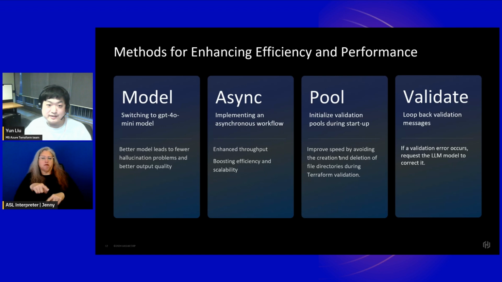Okay, so the third one is we actually got this idea from the React framework. When you use validation loopback, when you react to the error message, because we use Terraform validation, we have to create folders. If you do this when you need it, it will slow down the generation time. So we use a pool during startup.